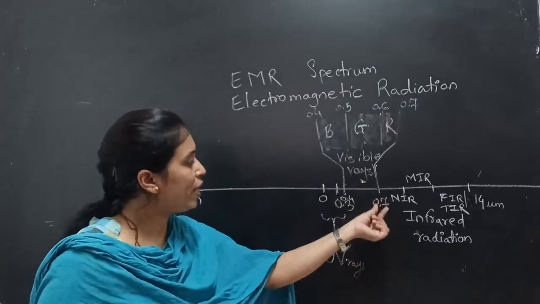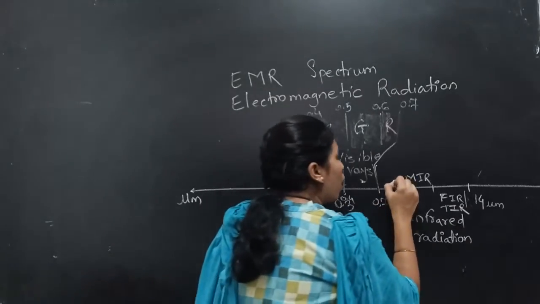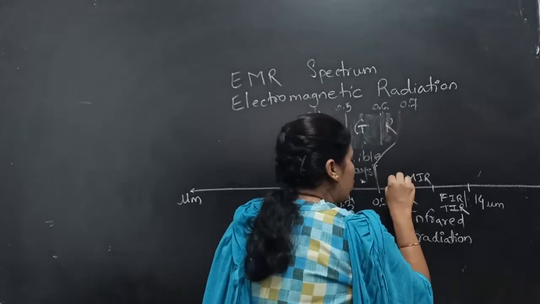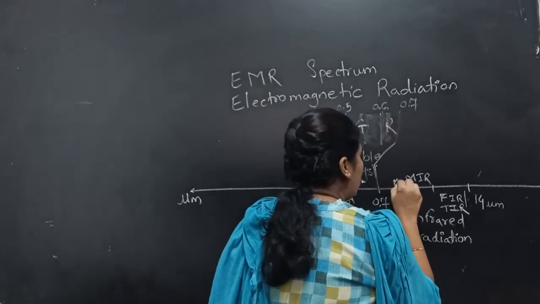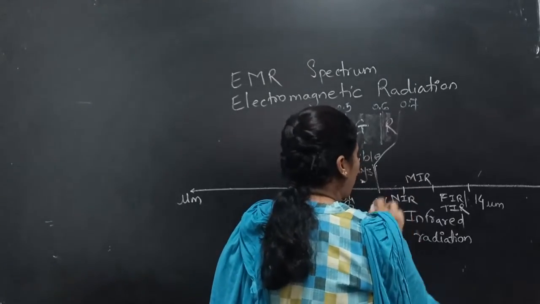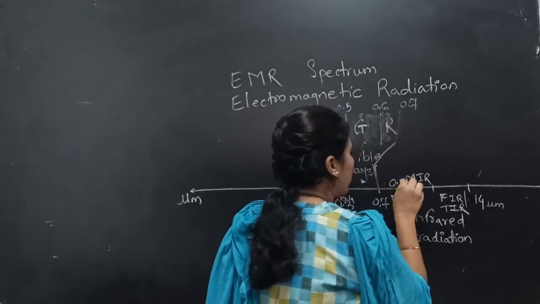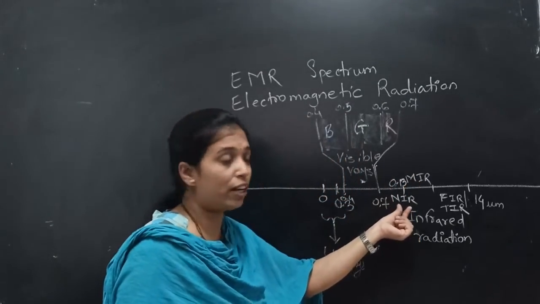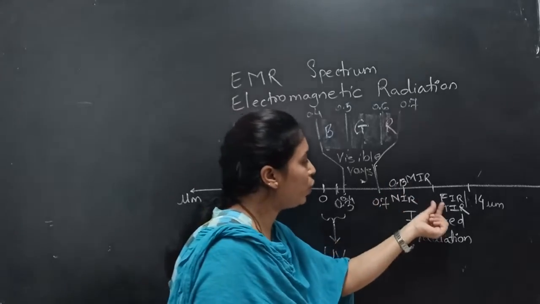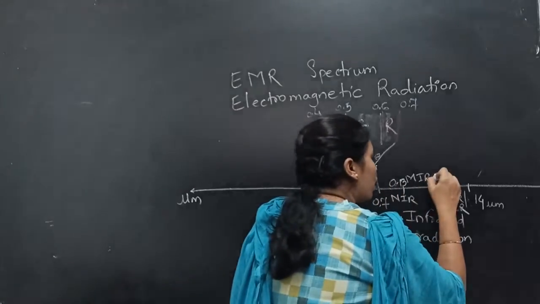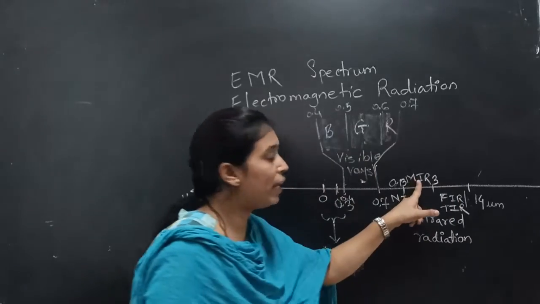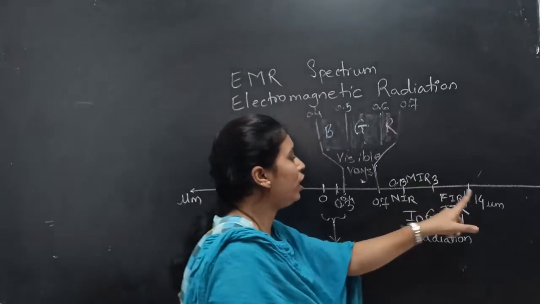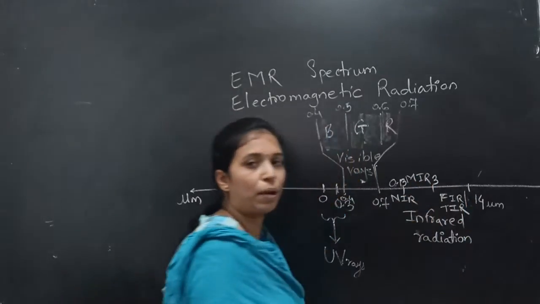So from 0.7 to 0.13 is near infrared. Then from 0.13 to 3 is the middle infrared, and from 3 to 14 is thermal infrared.